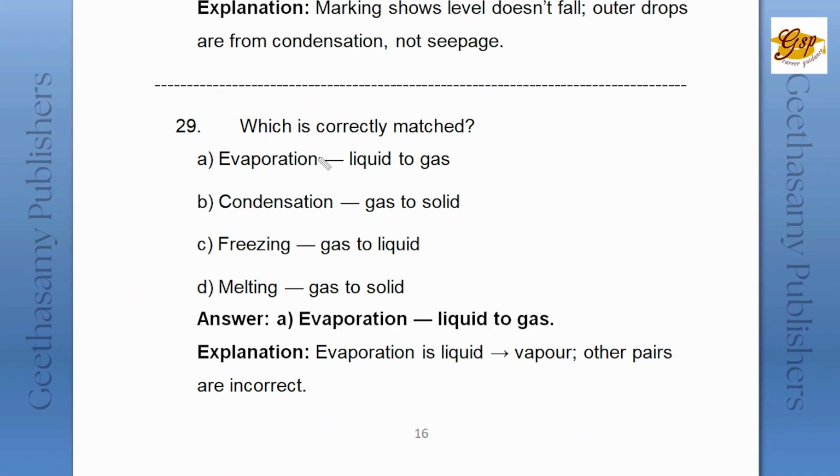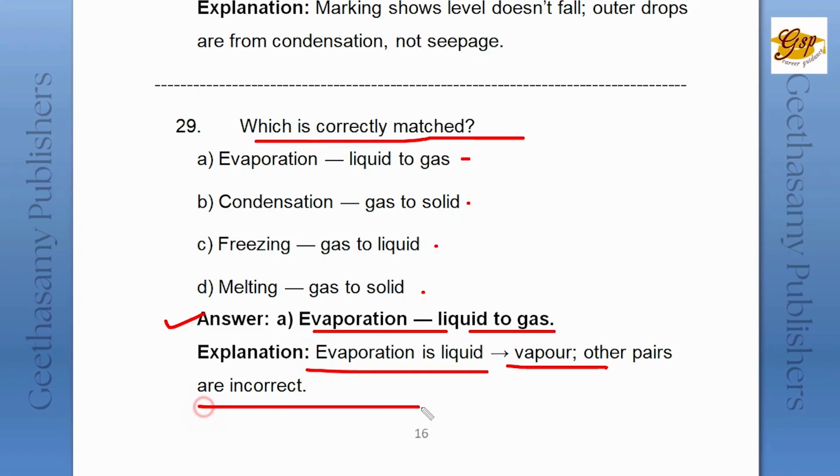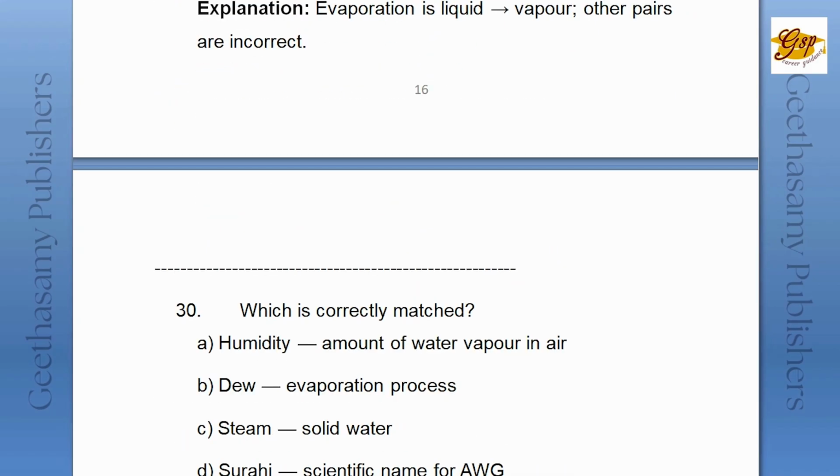And 29th question, which is correctly matched? Evaporation, liquid to gas. Condensation, gas to solid. Freezing, gas to liquid. Melting, gas to solid. So the answer is A, evaporation, liquid to gas, and the other pairs are incorrect. Fine.